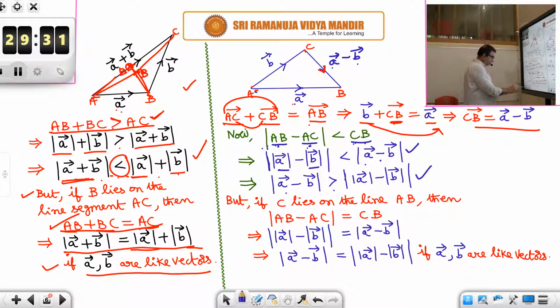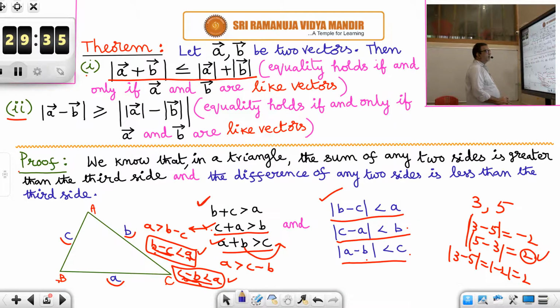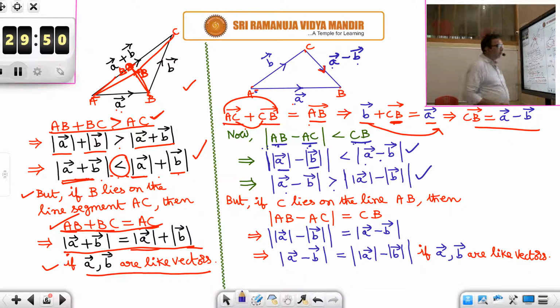Let us go back and see if it is the correct one or not. Here, this one. Mod of A bar minus B bar is greater than mod of mod A bar minus mod B bar. Greater than we have proved. So what about equality? Go forward again. Suppose C lies on the line AB, not here, but on the line, here or there, anywhere.